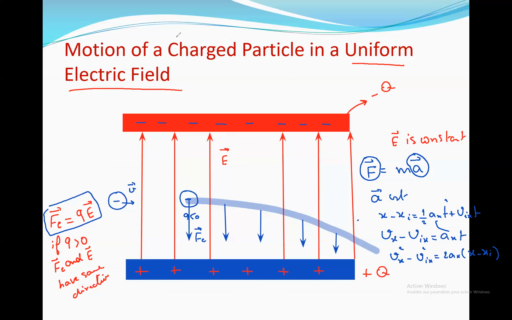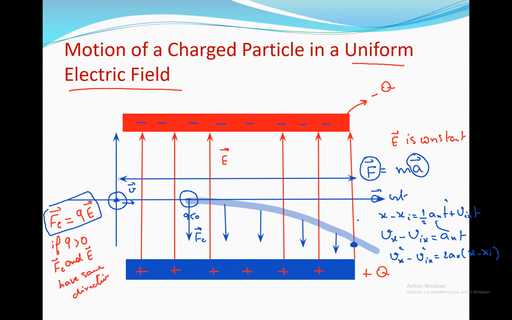So if here we have the initial position x and y, you can say here the initial position x initial and y initial. And at this point you have the final position. In this example, you have x equal this value.